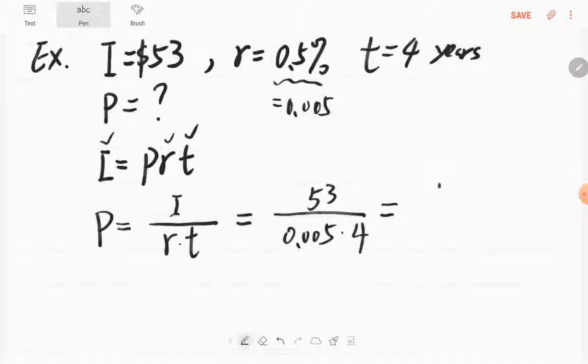So this would be 53 divided by 0.02. 53 divided by 0.02 would be $2,650. So this would be your answer.